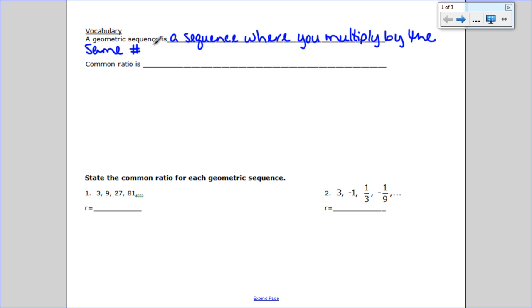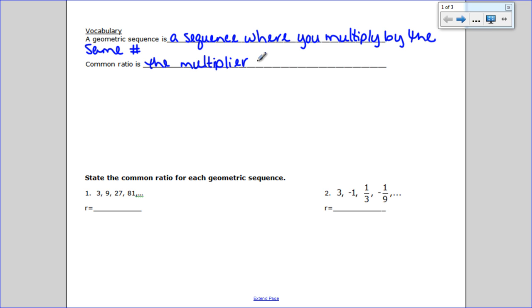Instead of adding or subtracting like we did in arithmetic, we're going to multiply to get to the next number in a geometric sequence. So it'll be a multiply or divide kind of thing, and instead of having a common difference, it has a common ratio. The common ratio is the multiplier. It's what you're multiplying by to get from one term to the next in a geometric sequence.